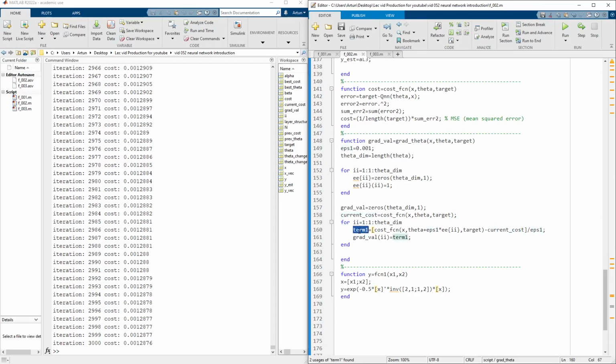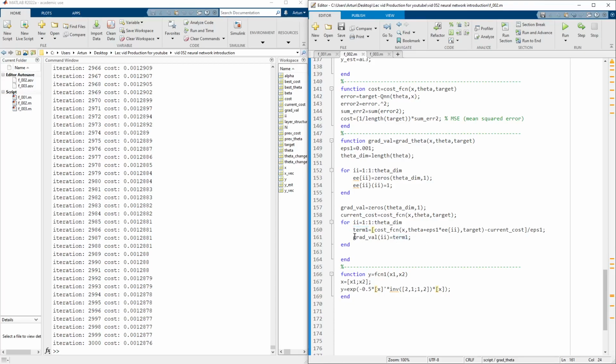we have the value of, for example, we are looking at the third entry of theta. Okay, and if we compute this term, we have the third term of our gradient vector.